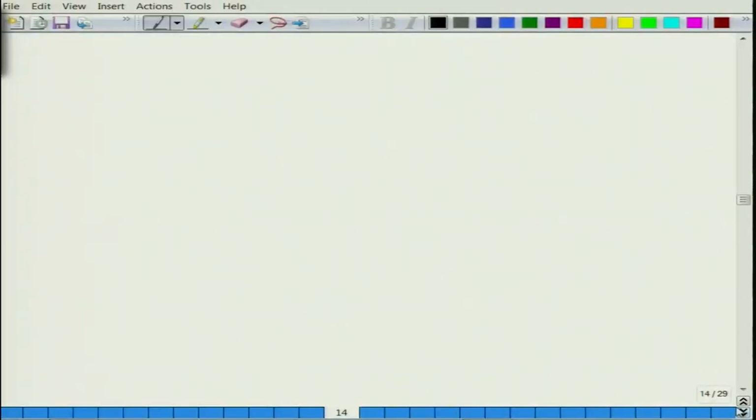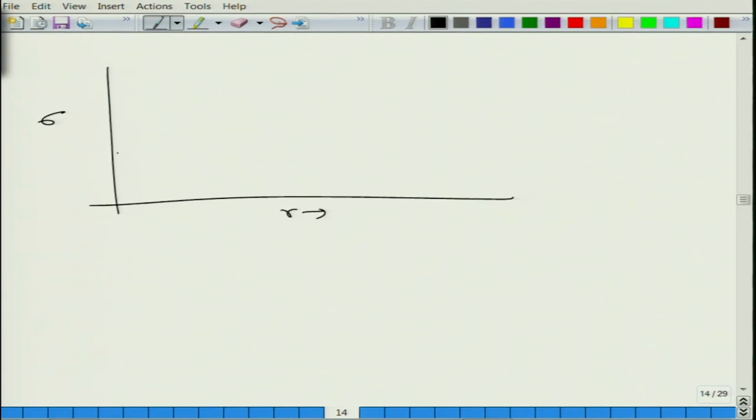So when you look at the shear stress variation, sigma as a function of precipitate radius, this is, let us say, the shearing part. This curve is basically the bypassing curve, and this is shearing.